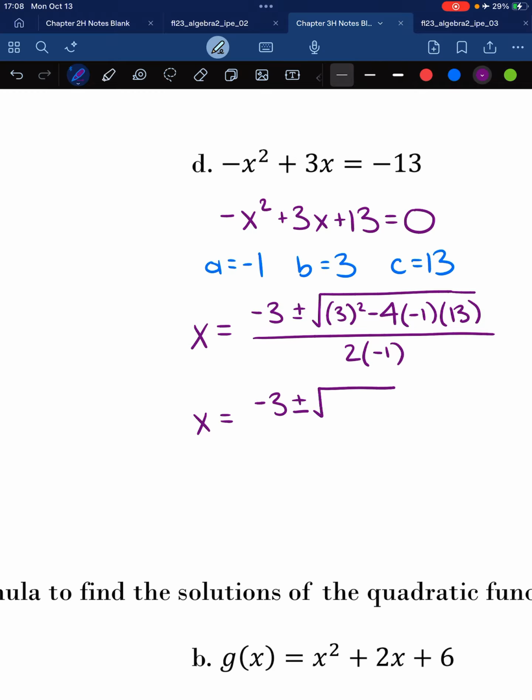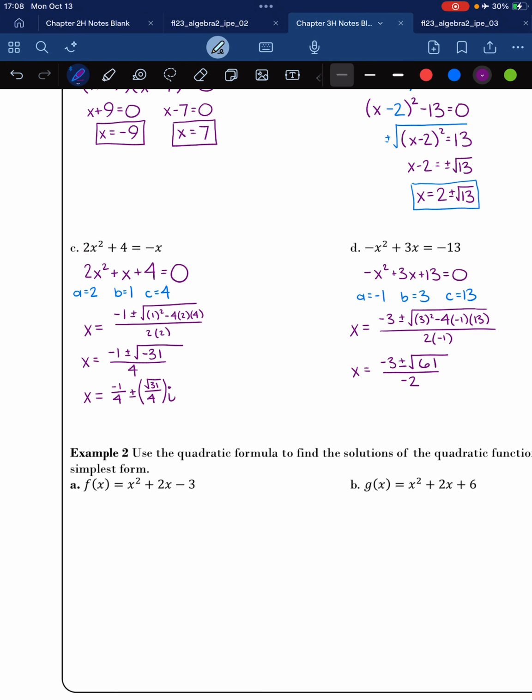So negative 3 plus or minus, we have the square root of 9 plus 4 times 13 is 52. 52 plus 9 is 61. Divided by negative 2. Okay, and depending on the directions, right?